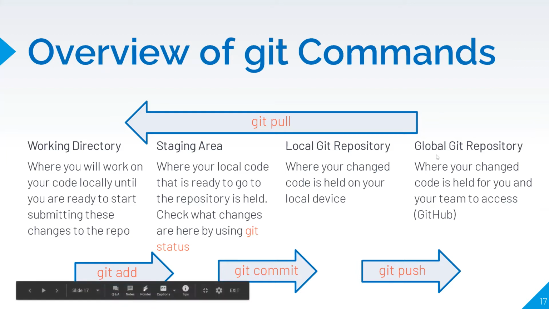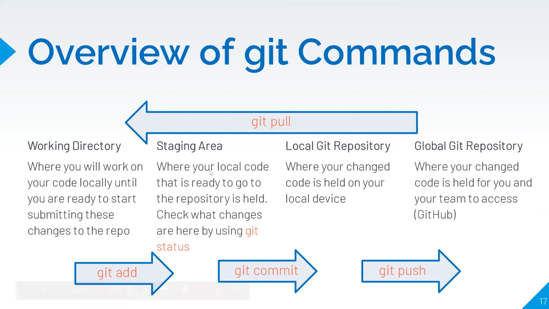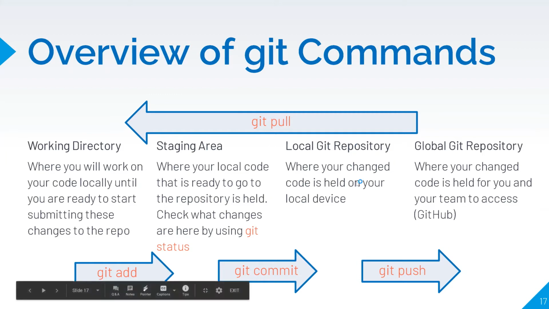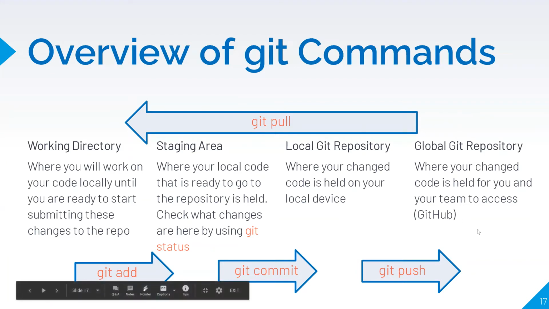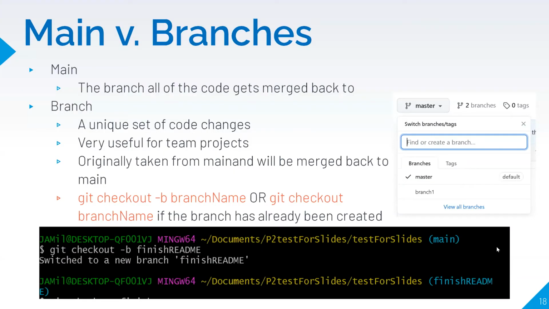The next step in this journey to the global repository is git commit. That's where you start tracking your changes. It's like, okay, I'm going to include that in my local Git repository. And then to get it from local into global, it's git push. And then we just covered git pull, which takes it from global all the way back. So you can see how you can move code with these commands, and we'll go over this in the demo as well.